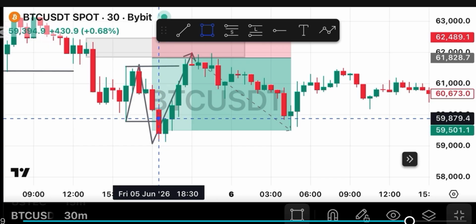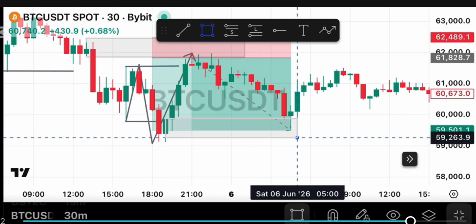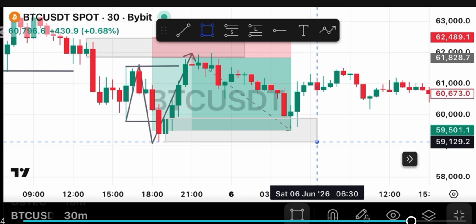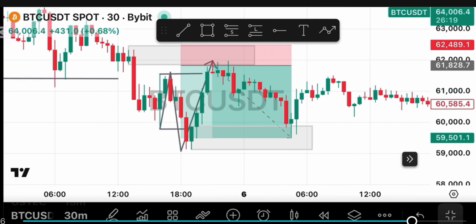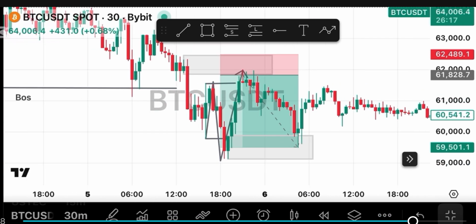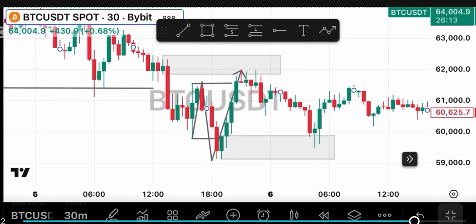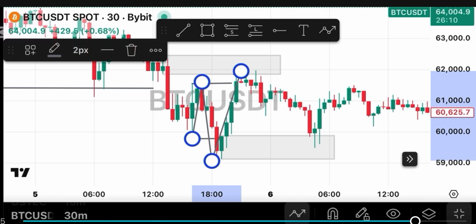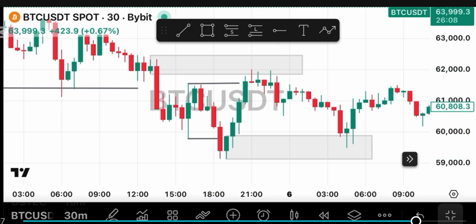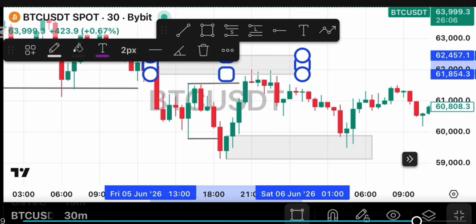So this is the candle. This now becomes our bullish demand zone, right? Because the market has already shifted structure here.